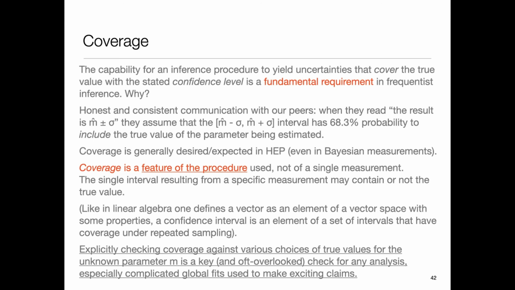It's a bit like in linear algebra, when you define a vector as an element of a vector space: a confidence interval is an element of a set of intervals that have coverage under repeated sampling. So coverage is a big deal, and it's very important to ensure that your colleagues' measurements do have coverage, and that coverage is actually studied in the determination of the results.